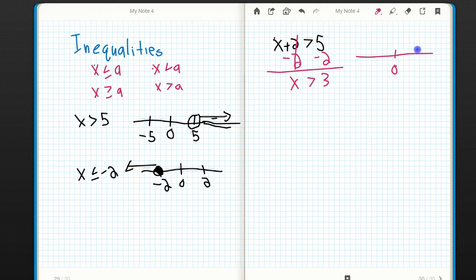So 0, 3, -3. Our inequality starts at 3. It is less than, and it does not have the or equal to part, so it is going to be an open circle. Now it says x is less than 3, so all numbers less than 3 are this way.